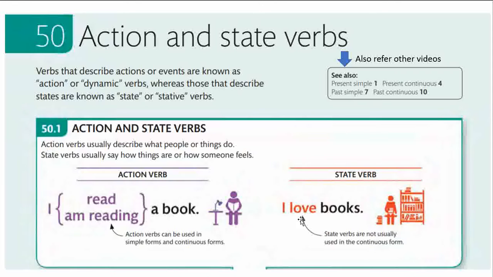Over here, love is a verb, but it is not doing any action. So it is a state verb. Some verbs are not usually used in continuous form. You cannot say I'm loving books. It is incorrect because the word love is a state verb.